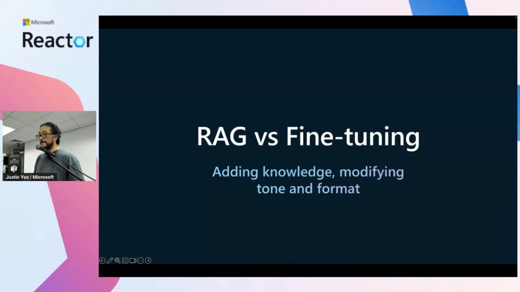These two technologies, RAG and fine tuning, are not competing with each other. You can choose both. It's not choosing one over the other, so you can use both at the same time. And within Azure AI Studio, we offer both technologies.